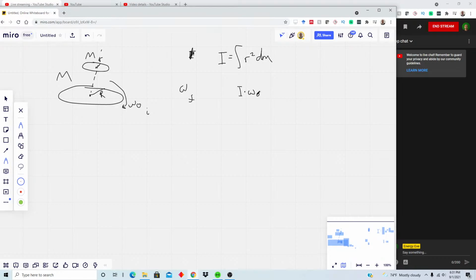I don't remember the notation for angular momentum. Let me see. Oh, okay, it's L. Angular momentum L is equal to the moment times omega, and this quantity has to be conserved.